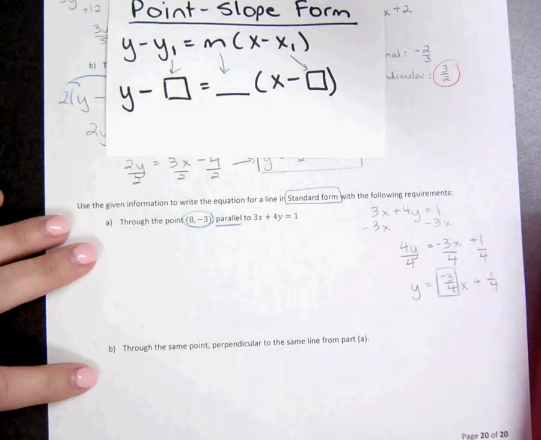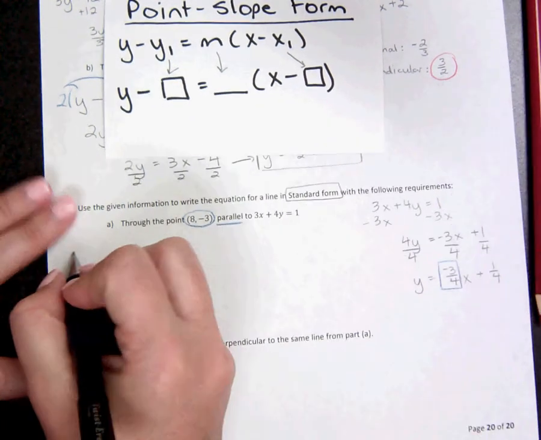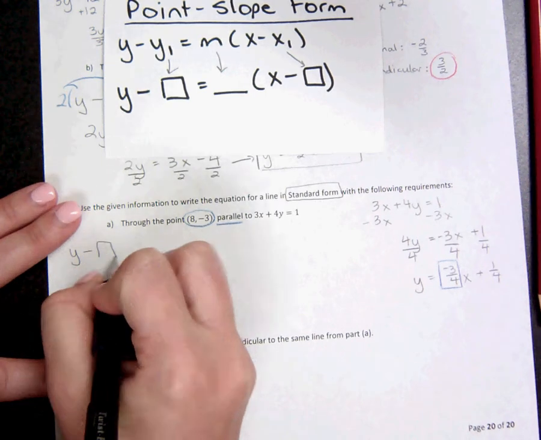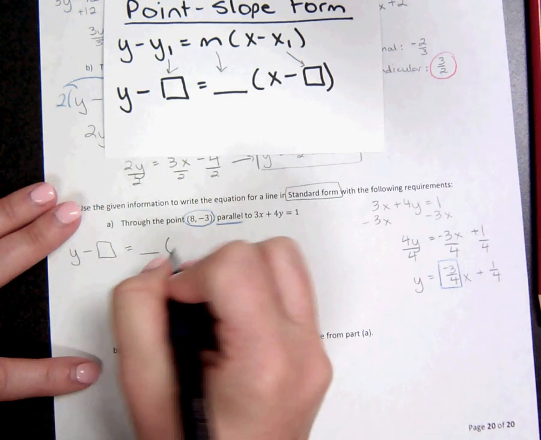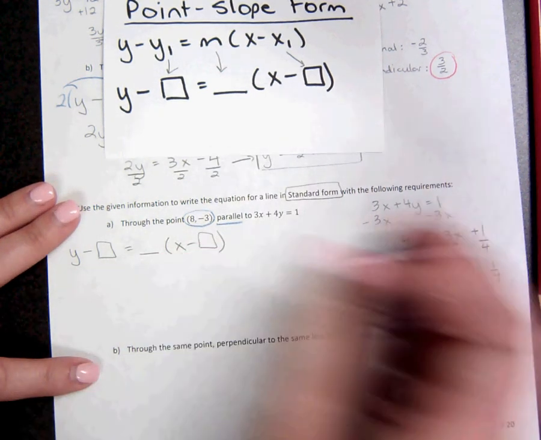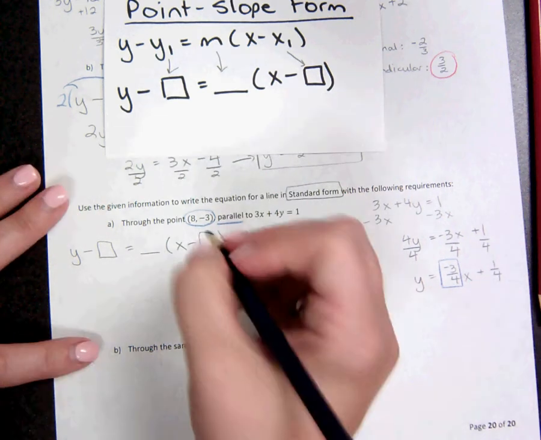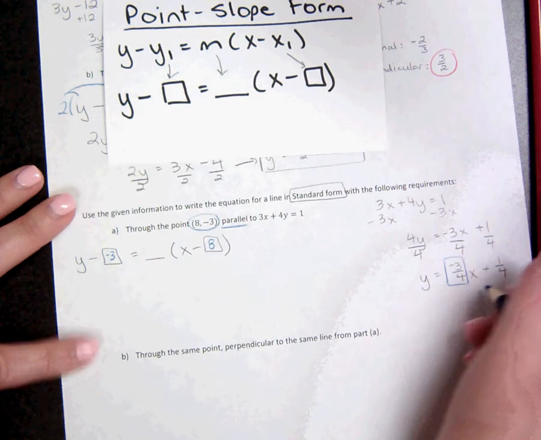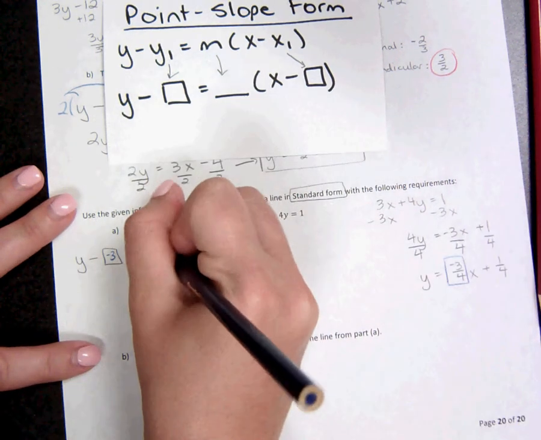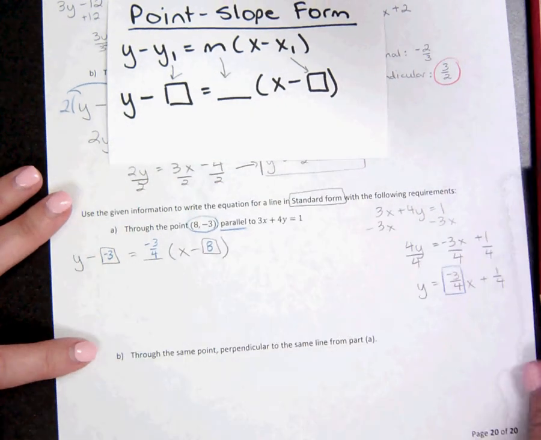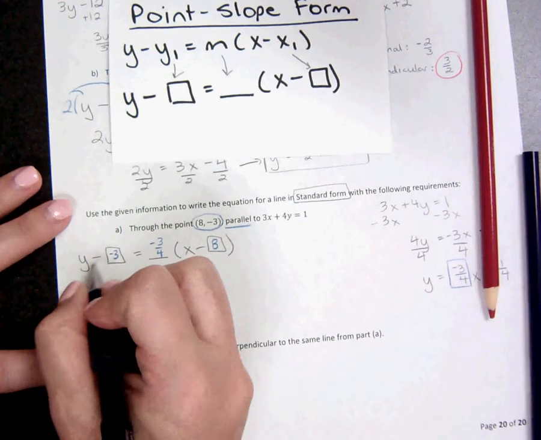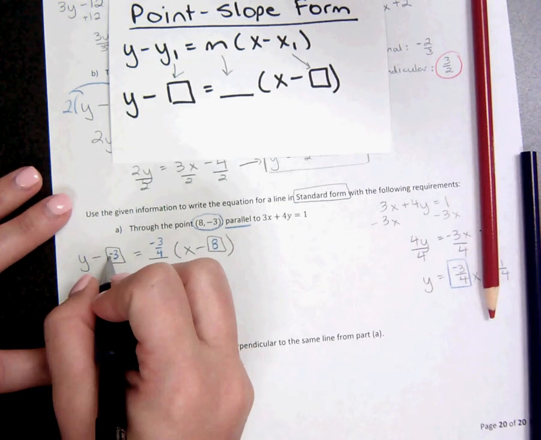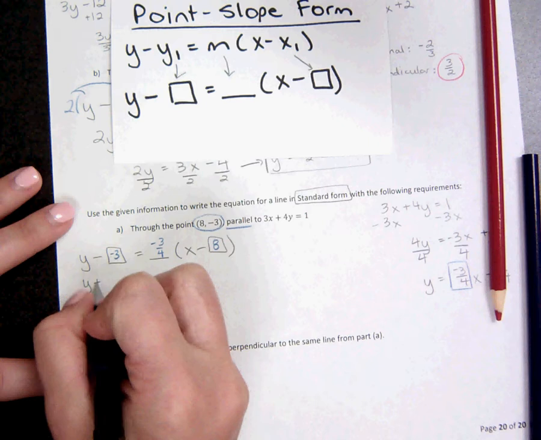From here, I'm going to use point slope form. y minus box equals blank times x minus box. I'm going to fill in what I have: 8, negative 3, using this slope, negative 3/4. Let me clean this up. Anytime I have a minus and a negative, I like to clean it up so I don't forget about it.